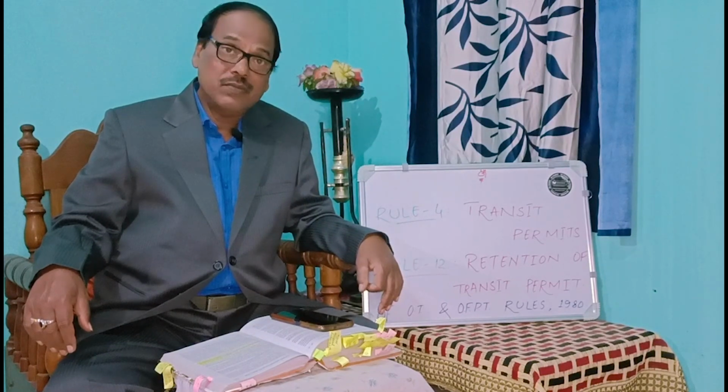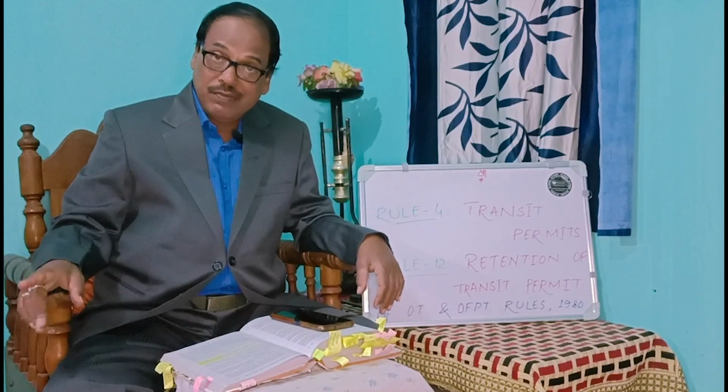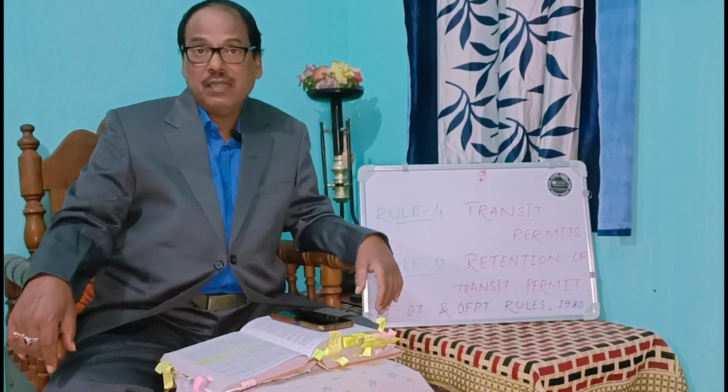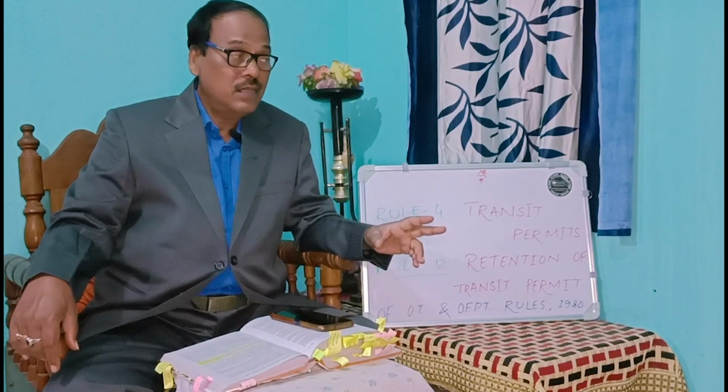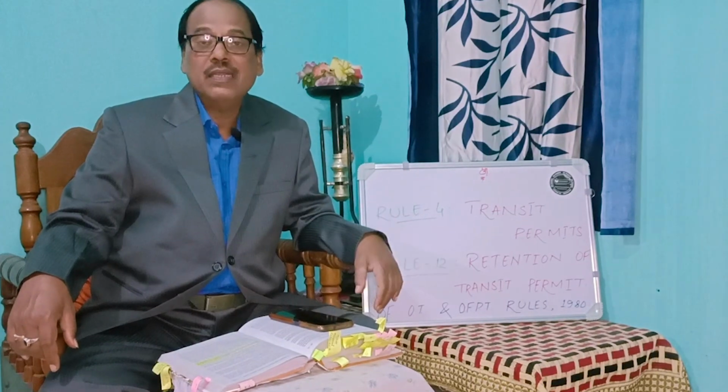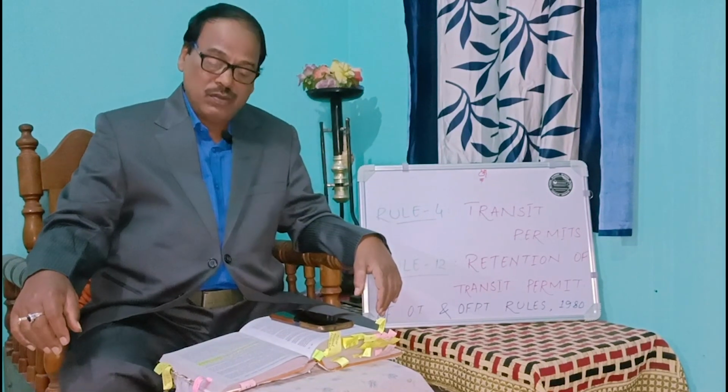If the person could not produce that transit permit as per demand of the forester, then the whole forest produce will be seized by the forester of the concerned area.